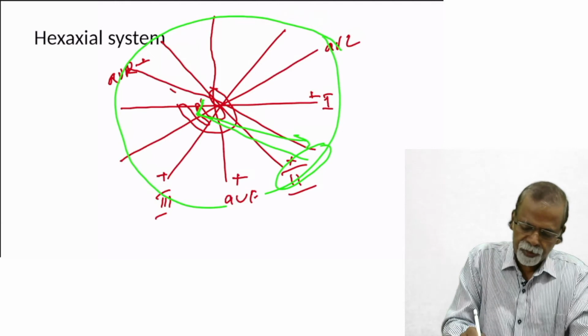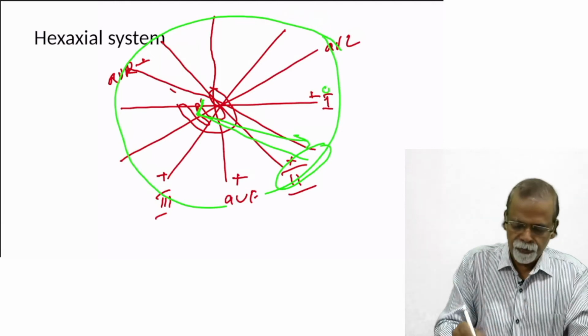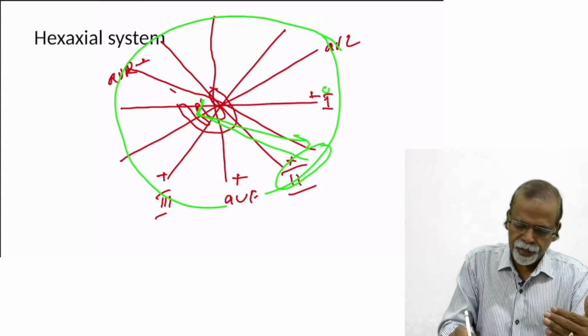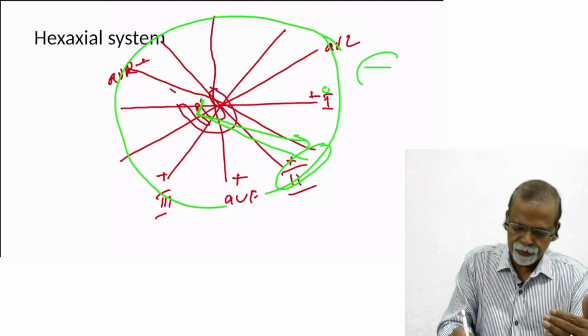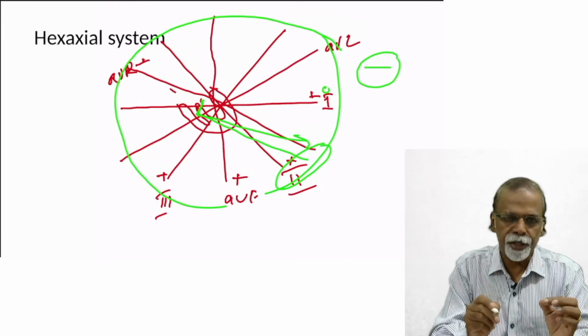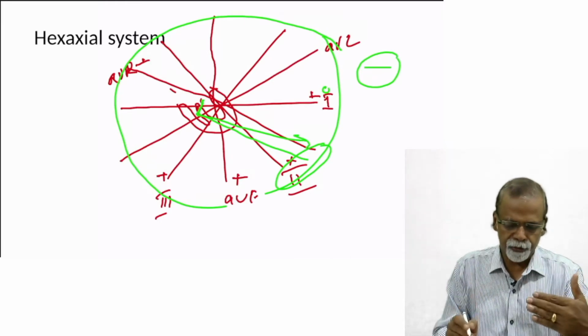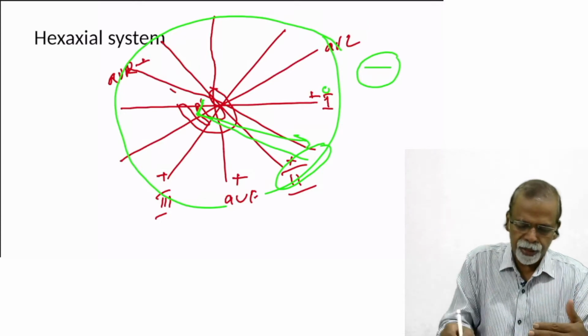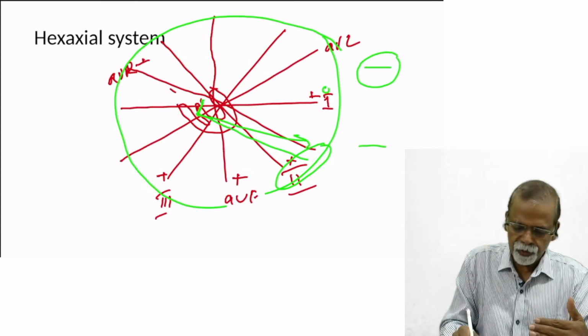Conventionally, lead 1, this point, is taken as 0. And anything above this line is taken as negative. Always remember, this has nothing to do with the polarity of the leads. That is different. For electrical activity, above this line is considered negative and below is positive.